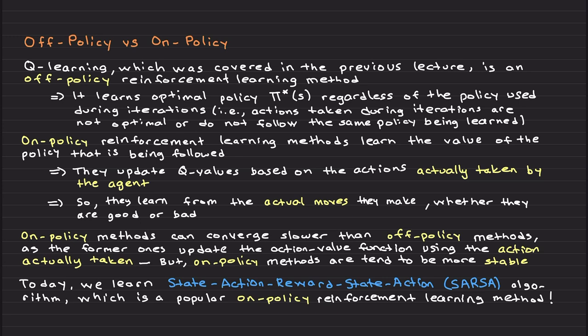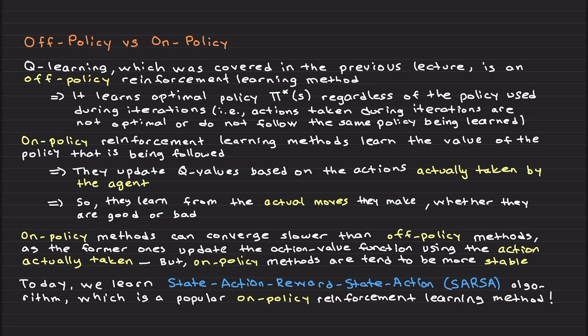On the other hand, on-policy reinforcement learning methods learn the value of the policy that is being followed, which means that basically on-policy methods update their Q values based on the actions that are actually taken by the agents. So they learn from the actual moves they make, whether they are good or bad.